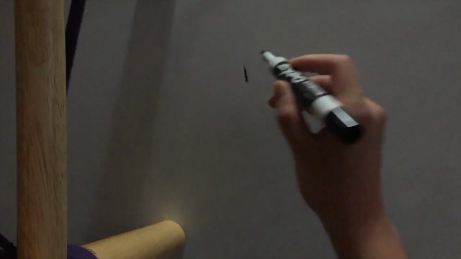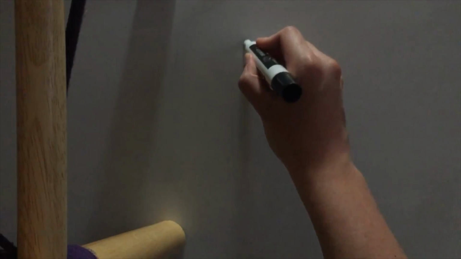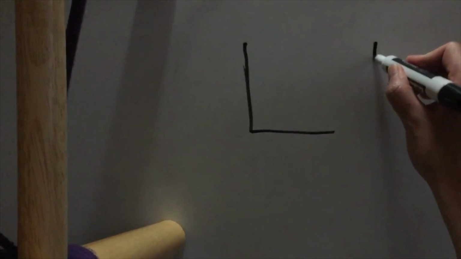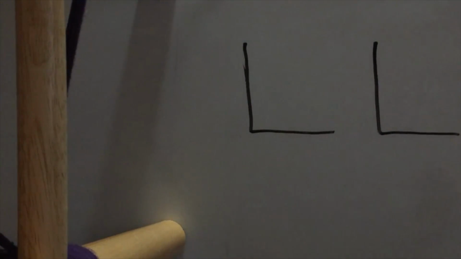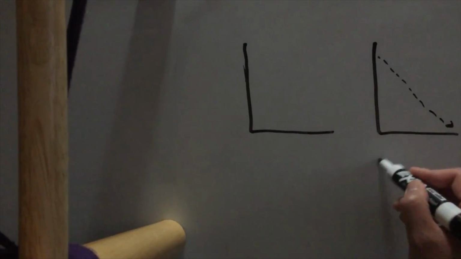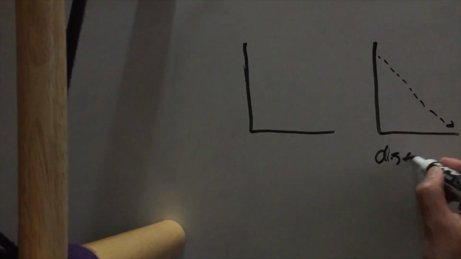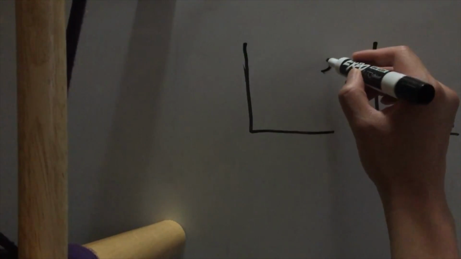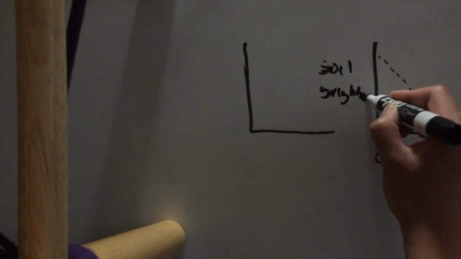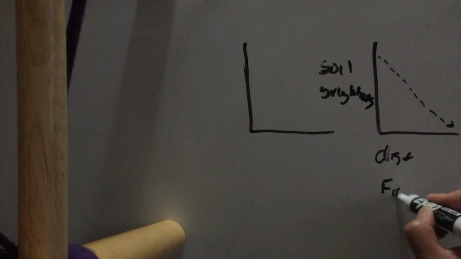All right. So question 5 is asking us to explain the likely trends that are shown in figures 1 and 2. And as a general rule of thumb, if we look at all the figures, we can see that there's a downward sloping correlation between distance and soil brightness in figure 2.